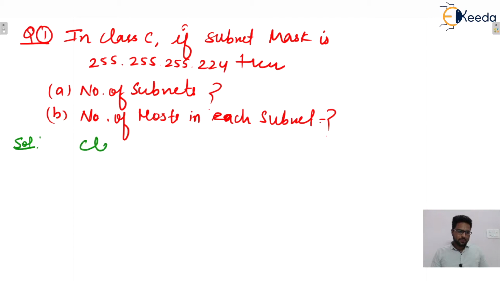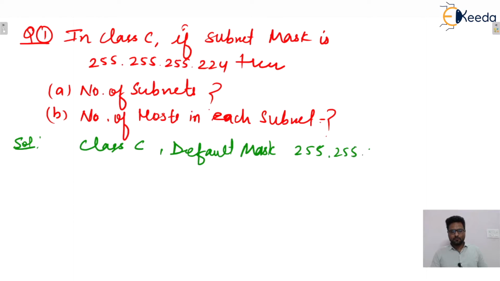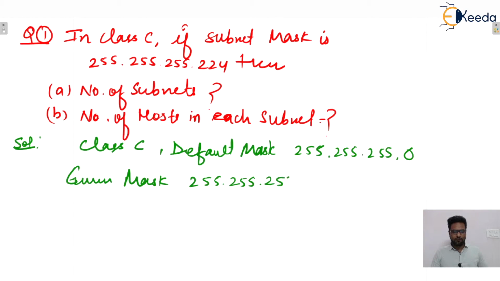In class C, what is the default mask? Yes, the default mask is 255.255.255.0. But what is the given subnet mask? Given mask, that is the subnet mask, is 255.255.255.224.